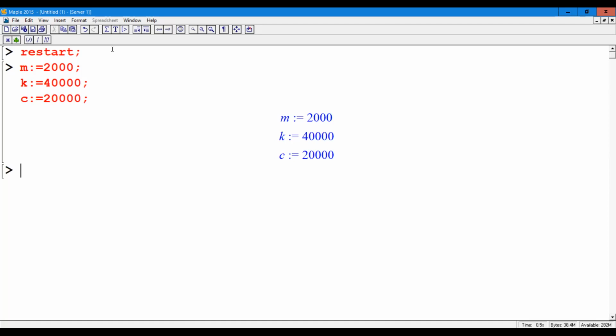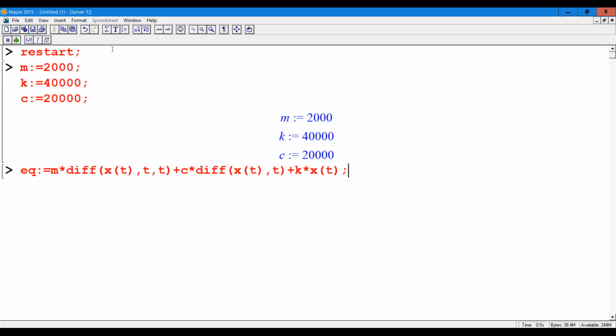The equation of motion, if we call it EQ, is equal to the mass times the second derivative of x with respect to time, plus c times the first derivative of x with respect to time, and finally the stiffness k times x(t).